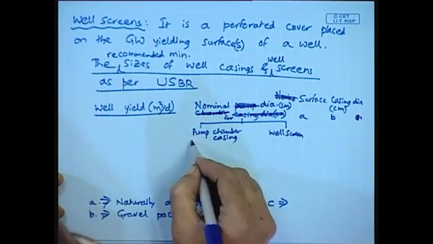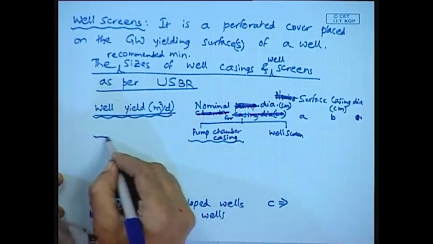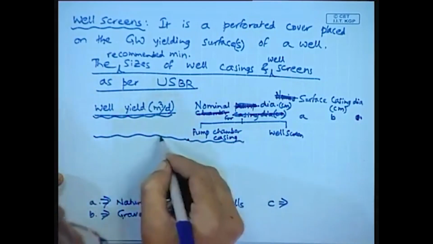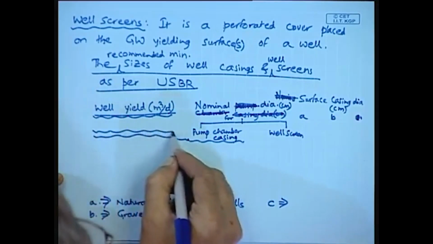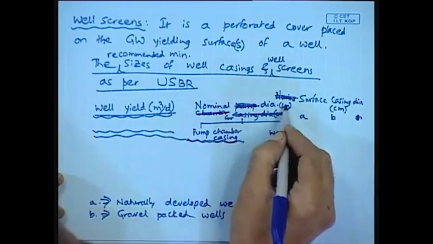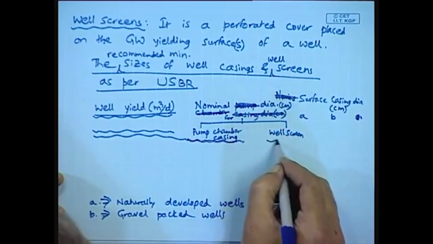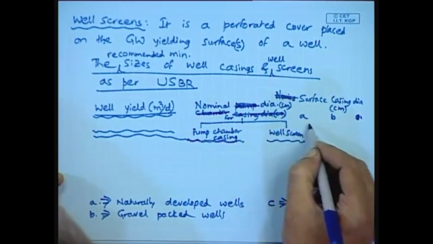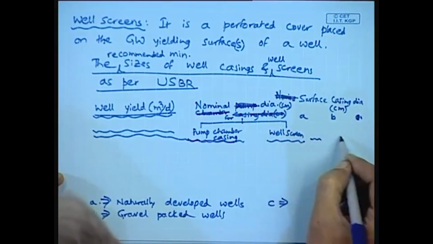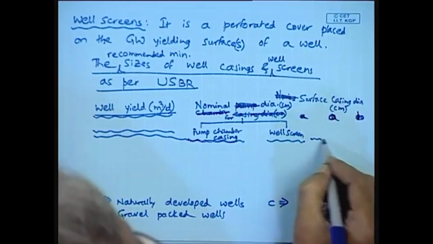So essentially, our first column is the well yield. The next columns are the nominal diameter for pump chamber casing and nominal diameter for well screen, followed by the surface casing, let me call this A, and this B.